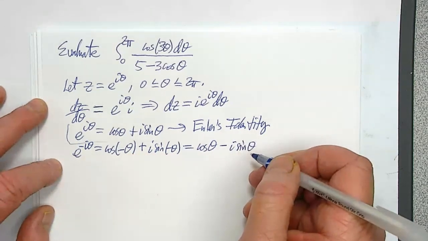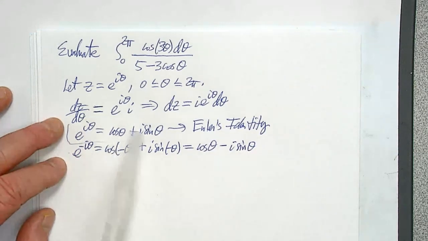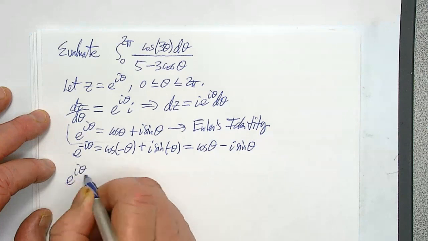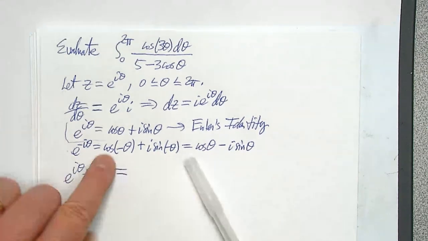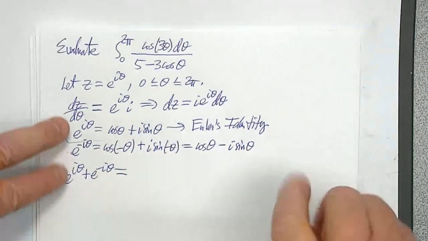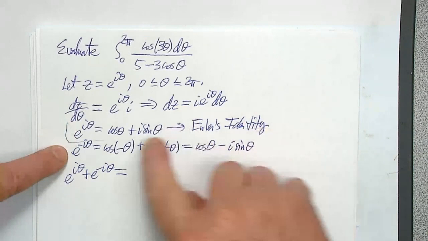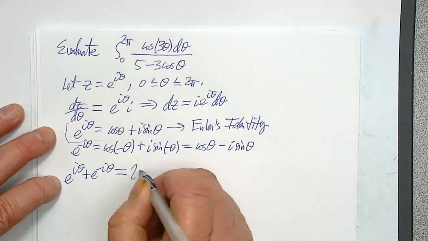And then if we add these two together, that will give us e to the i theta plus e to the minus i theta. You can add equations together this way because you're adding equal things to both sides. So we get 2 cosine theta.